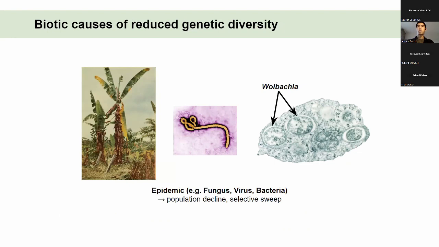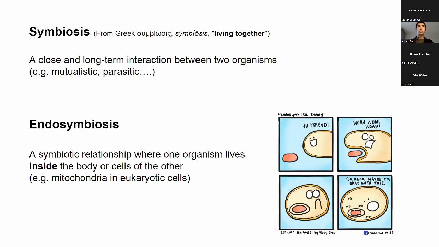So before we go into Wolbachia, I will first introduce symbiosis. Symbiosis describes a close and long-term interaction between two organisms. It can be mutualistic, so both sides will benefit from each other, or it can also be parasitic. And there is a more intimate type of symbiosis called endosymbiosis that happens only within the cells of an organism.